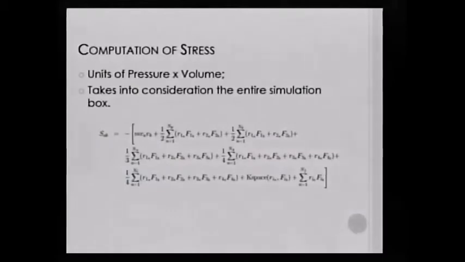For the computation of stress, here I show the equation of how it's computed in LAMMPS, and you can see that it involves the forces on the atoms, the positions, the velocities, and the masses. In LAMMPS, for example, it takes the form of pressure times volume, so it takes into consideration the entire simulation box.